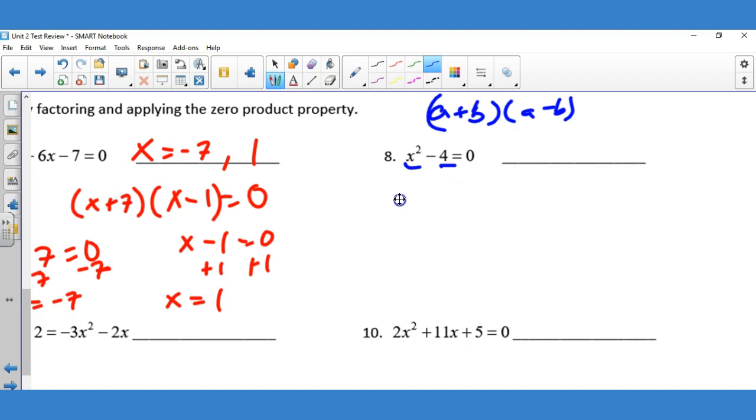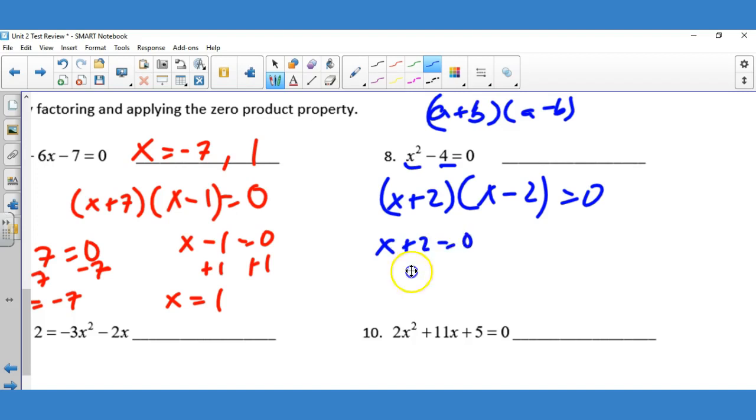So I will have x plus 2 and x minus 2. The product property says we can set both of these equal to 0, and you get x equals -2. Set that one equal to 0, and you get x equals 2.